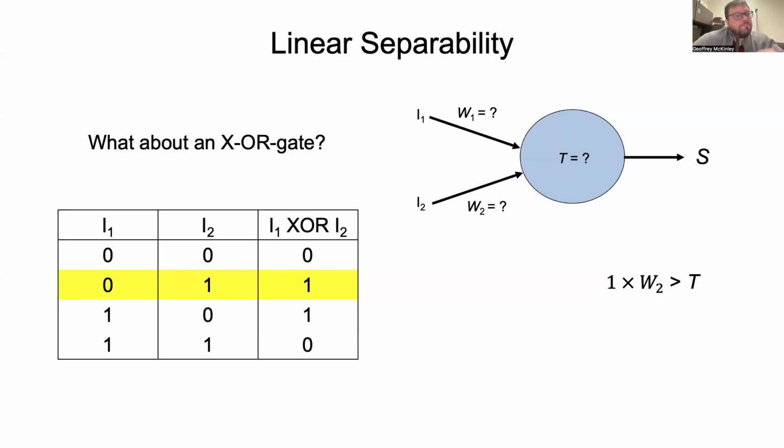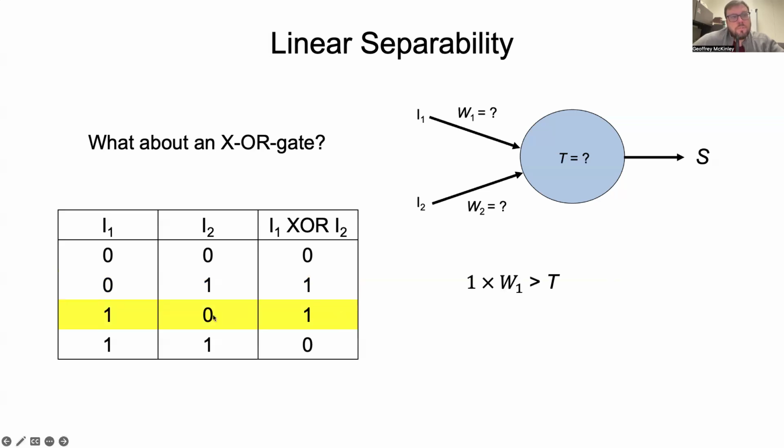And this is also true for the third row. In order for the function to be true when input one is one and input two is zero, the weight multiplied by one should be greater than the threshold, which is fine.